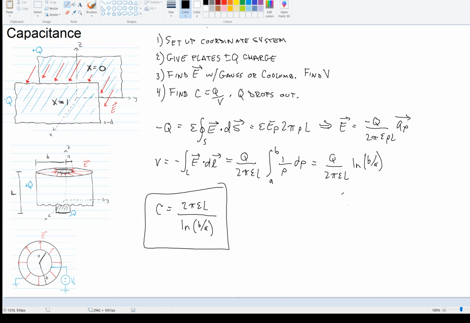That's the same process that we did for the rectangular form, only in cylindrical coordinates.